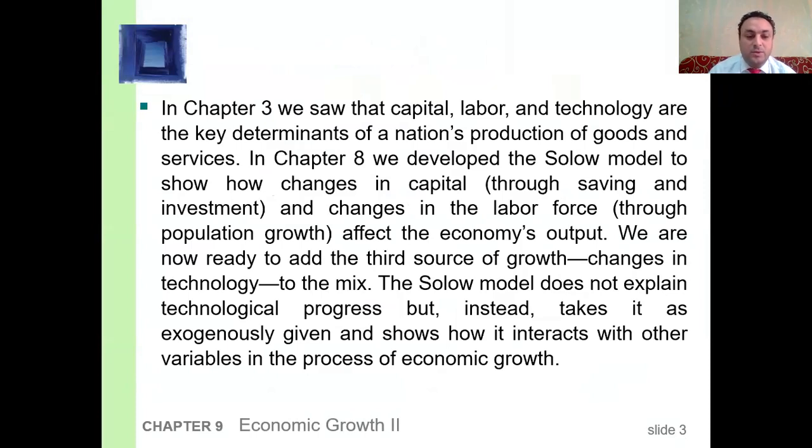And we also started to see the third source of economic growth, changes in technology, and how the mix of technology, capital, and labor force in the Solow model affects the economy's output and economic growth.